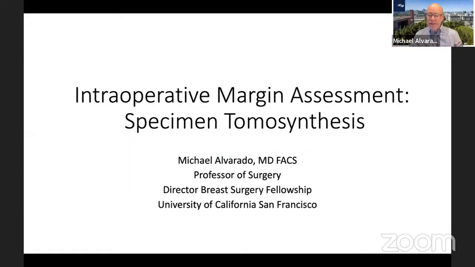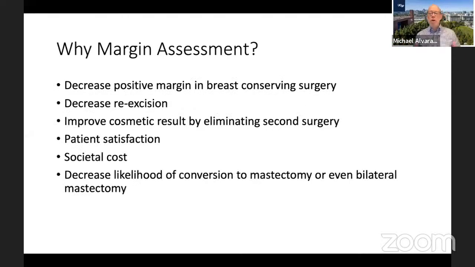So margins. Why margin assessment? I think we just heard from Professor Tram about some information. Obviously, we want to decrease the positive margin rate for breast conserving surgery. The big issue, I think, is decreasing re-excision.